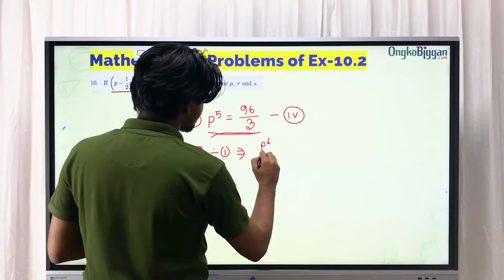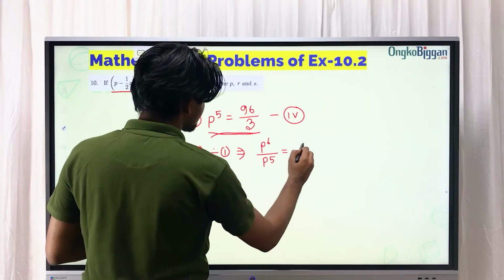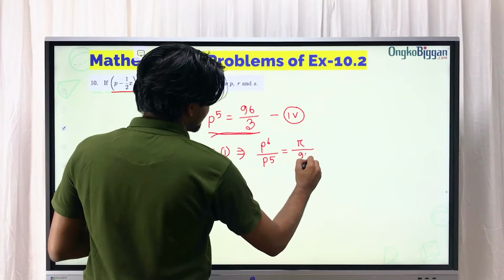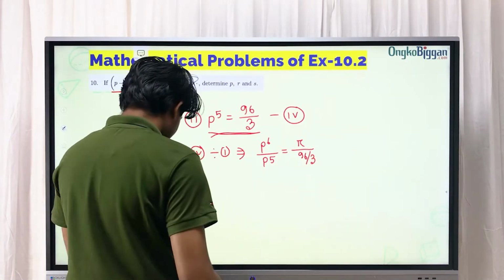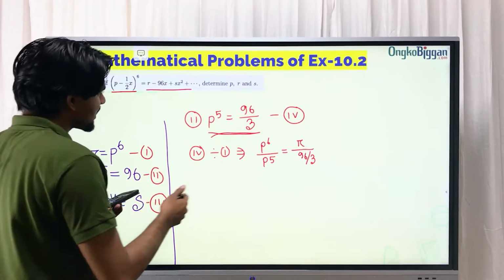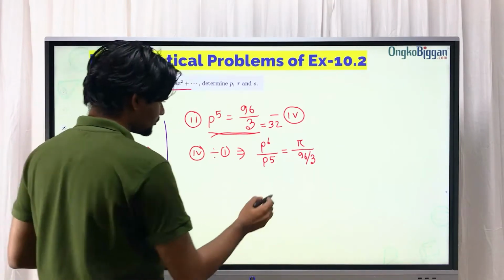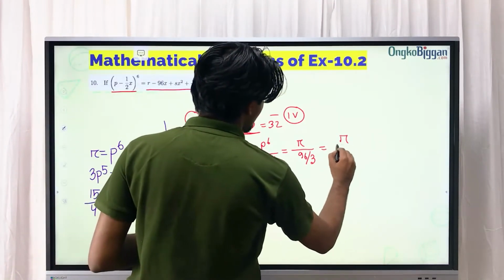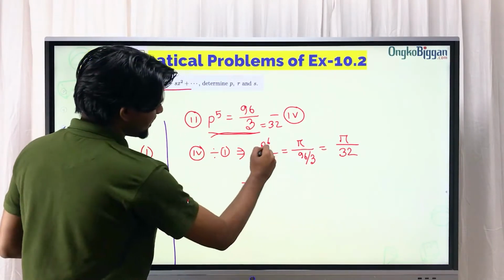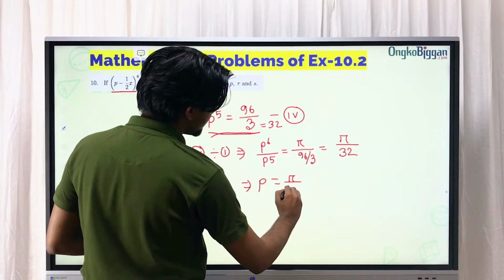P to the power of 6 divided by p to the power of 5 equals to r by 96 by 3, and 96 divided by 3 will be 32. So 32 r divided by 32 equals to r by 32. So we can actually cancel p from here. So we got p is equal to r by 32.